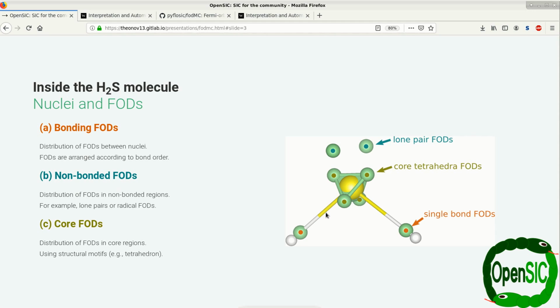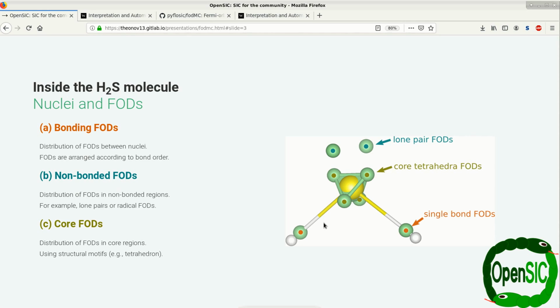The starting point is typically the center right in between the atoms. Only for bonds where we have hydrogen atoms, we place the FODs closer to the hydrogen atoms. This comes from experience of previous FLO-SIC calculations.